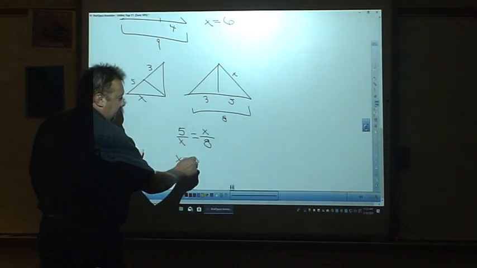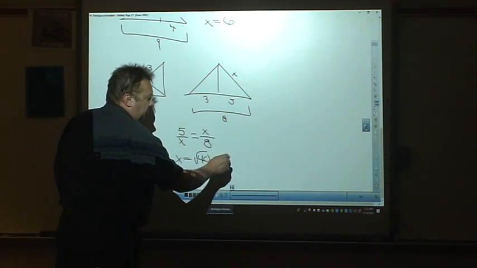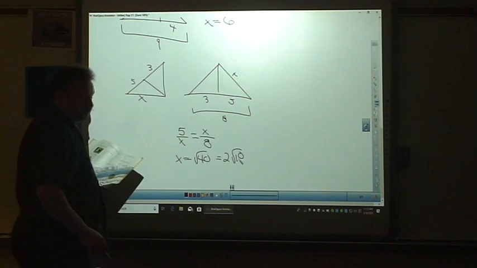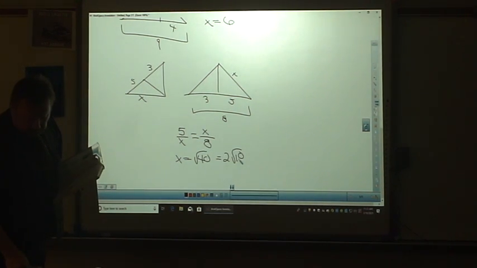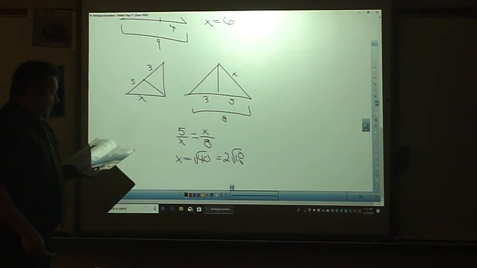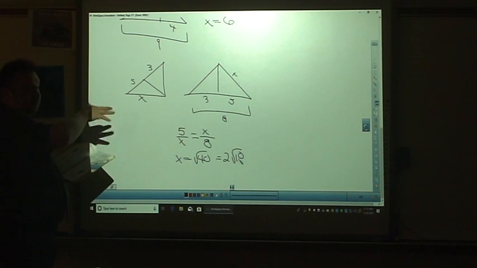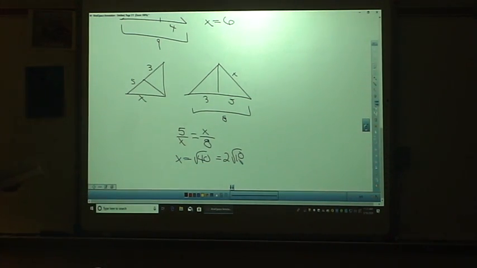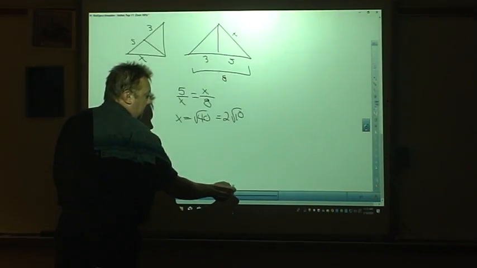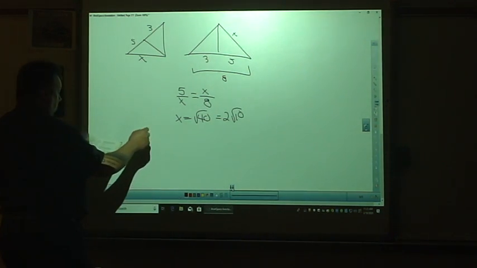You'll get x is equal to the square root of 40, which is 2 square root 10. So again, sometimes it's better to turn it so that it looks like what you're used to seeing. And remember to be looking at your theorem list. Corollary 2 again for number 18.